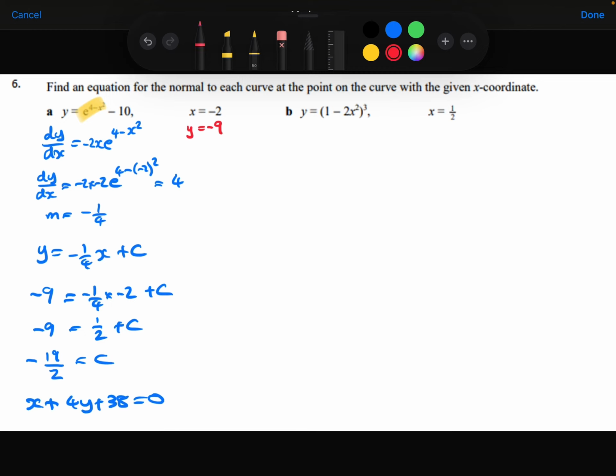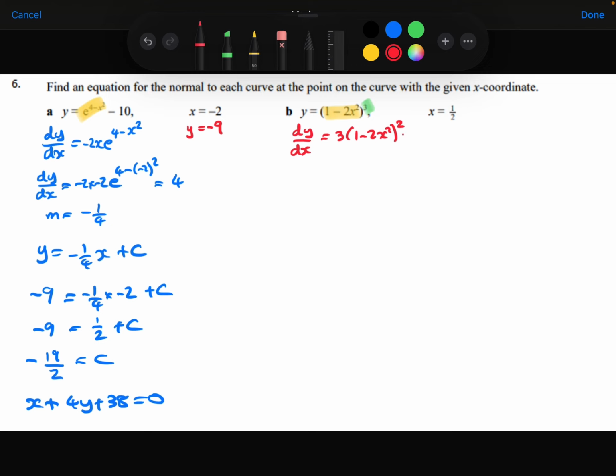Right, second equation here. Same approach, we still want to work out the equation of the normal. This time we've got the 1 minus 2x squared that is inside the cubed function. So we'll differentiate the cubed function first. So we're going to times by 3. And then take 1 away from the power.